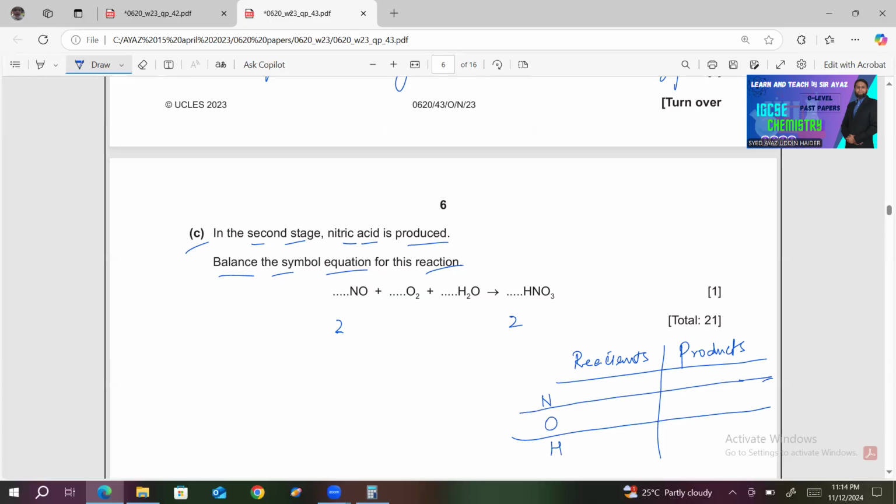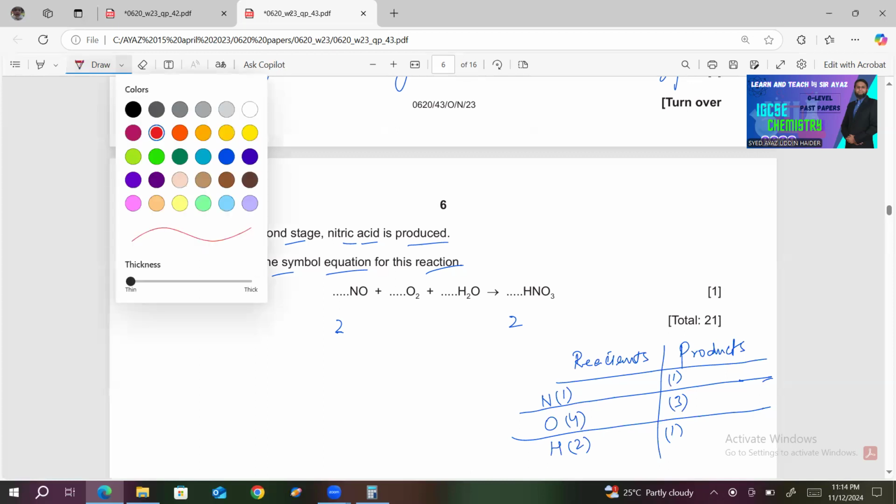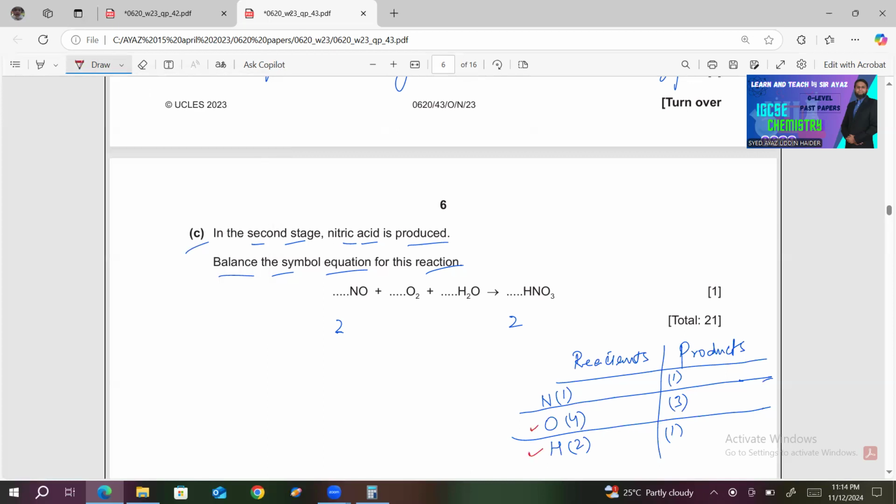We have 1 nitrogen on the reactant side and 1 on the product side. Oxygen, we have 2, 3, 4, 4 on the reactant side, and on the product side we have 3. What about hydrogen? 2 on the reactant side and 1 on the product side. So we need to balance both oxygen and hydrogen.